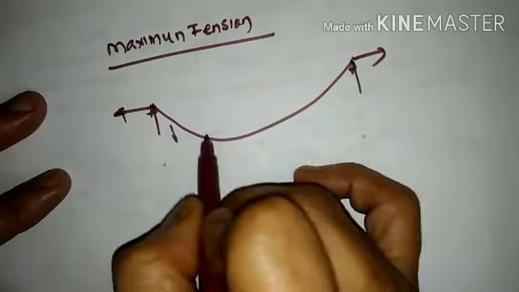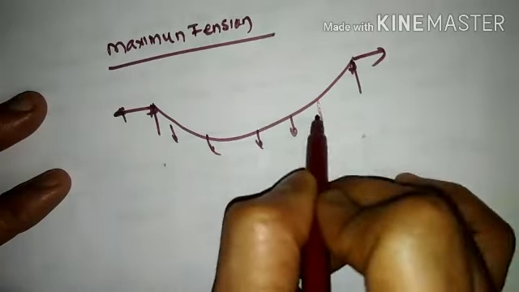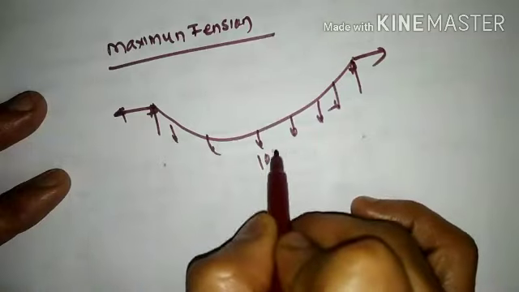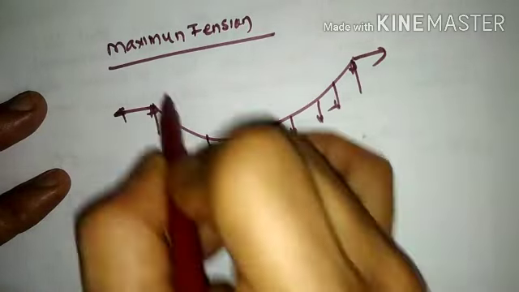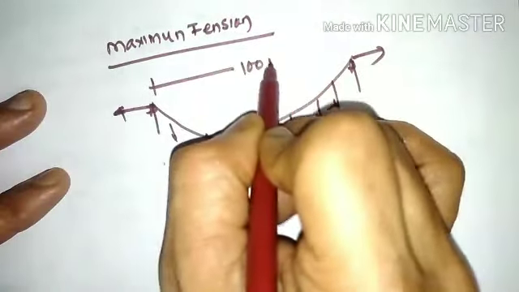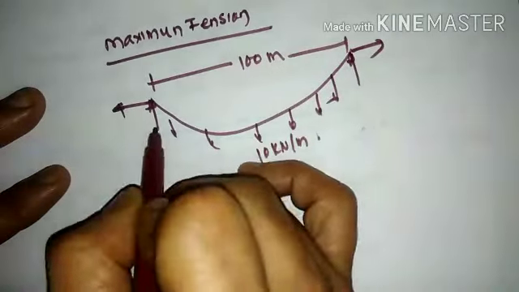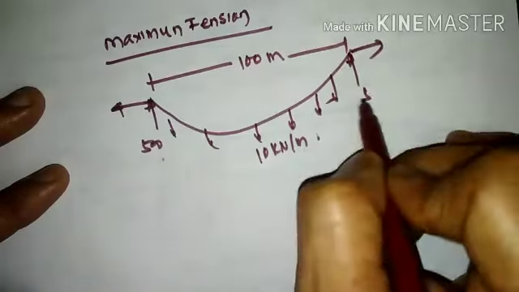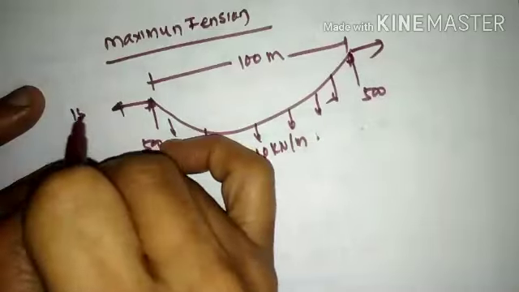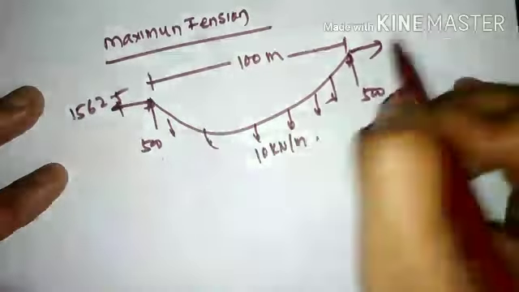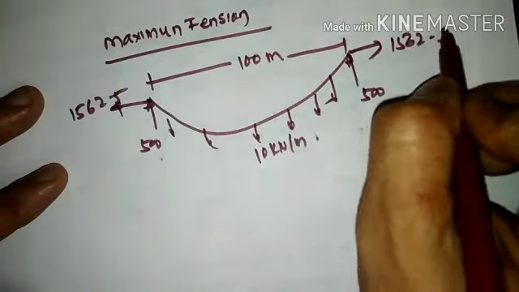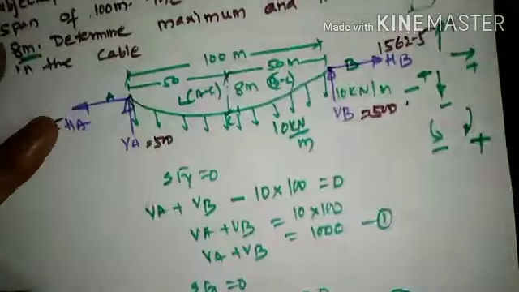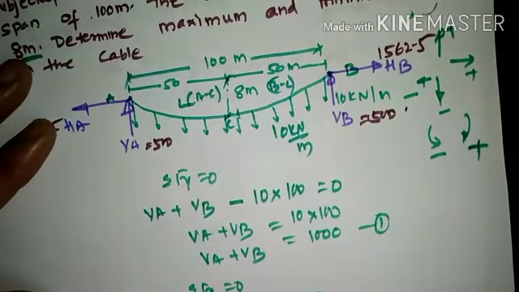Then we have a UDL throughout the length of the cable, of magnitude 10 kN per meter. Distance between A and B is 100 meters. The value of VA is 500, value of VB is 500, and this is 1562.5, 1562.5. So these are the reaction force components, 1562.5 and 500.